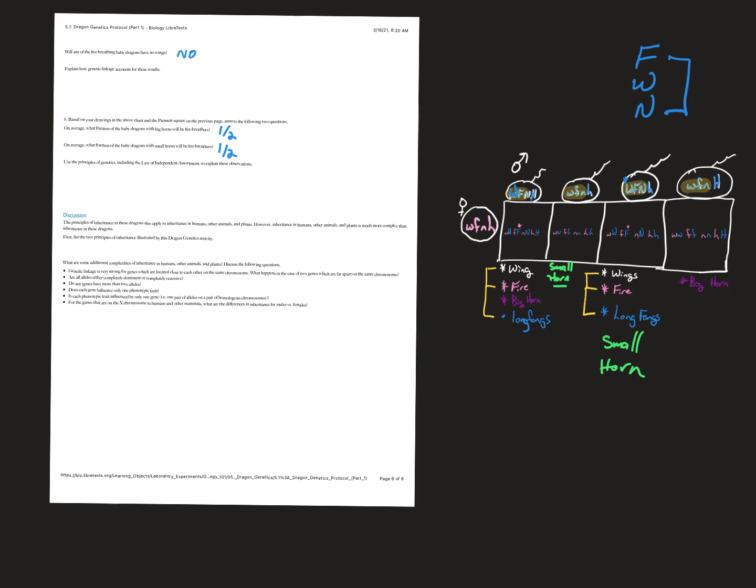So now they ask you that the principles of inheritance in these dragons also apply to inheritance in humans, other animals, and plants. However, inheritance in humans, other animals, and plants is much more complex than inheritance in these particular dragons. And we alluded to some of that whole crossing over business.